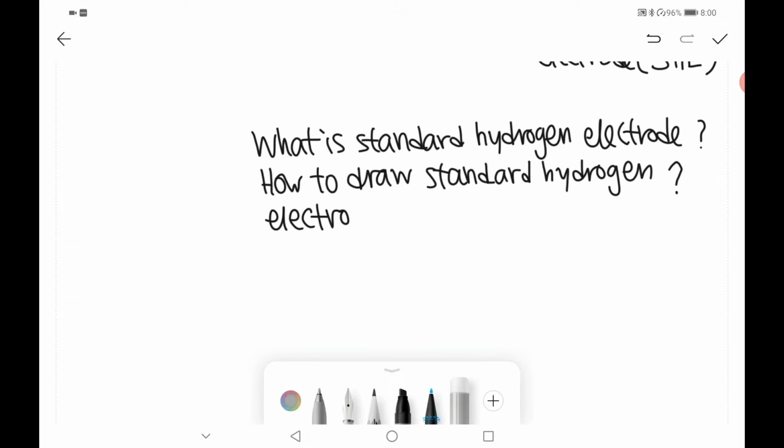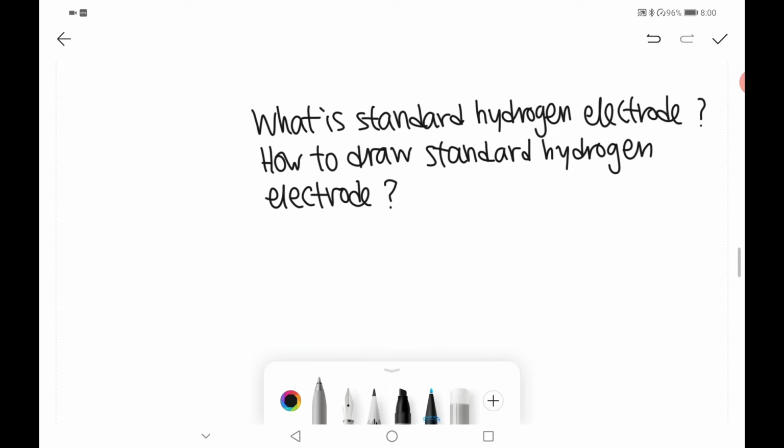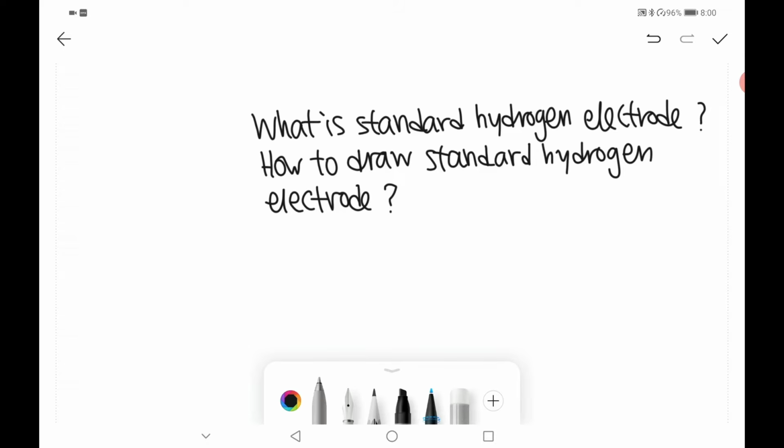Alright, I want you to understand that hydrogen can appear in two forms. This is a side note.